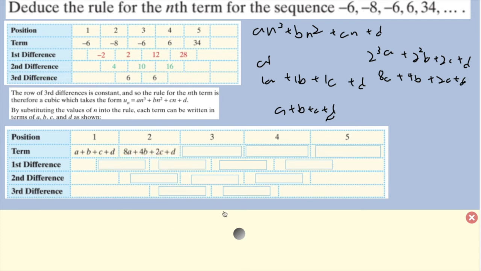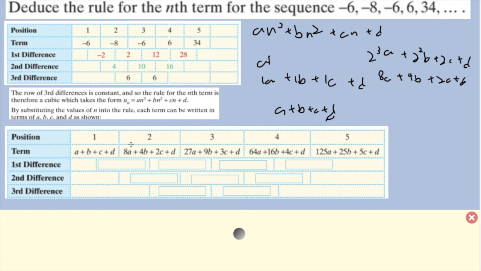Okay, I want you to pause it and find these 3 terms here for 3, 4, and 5. Okay, you should have found what we have here. Now, just like before, we need to find our first difference. So I need to do our terms minus each other.